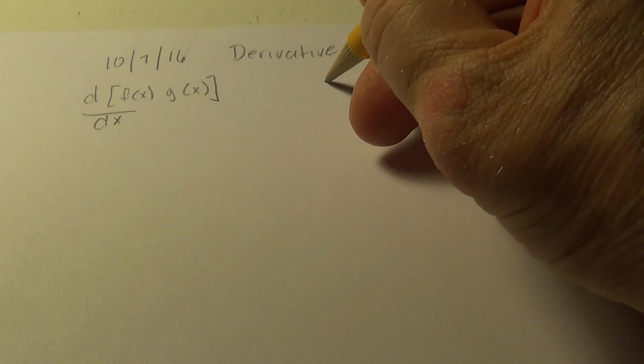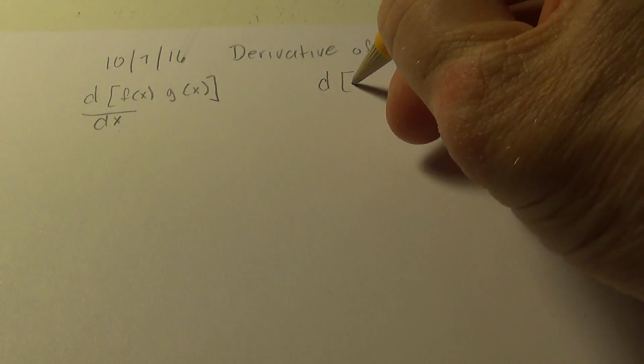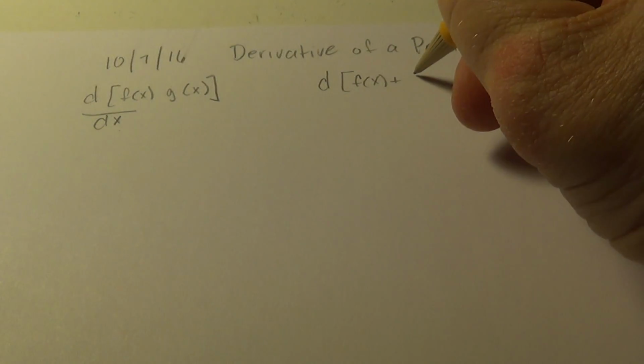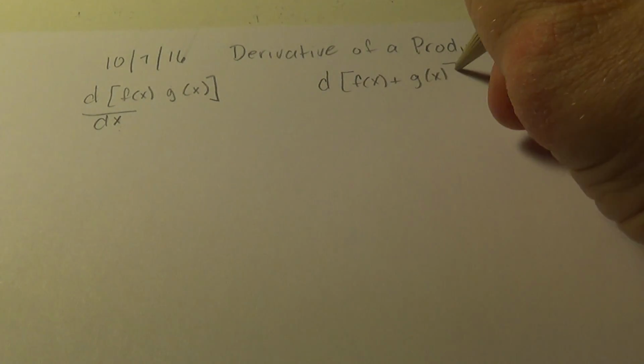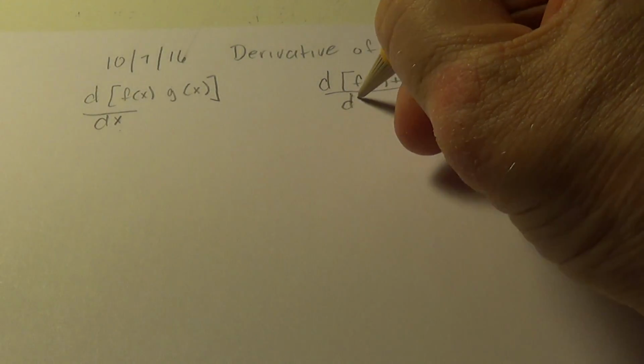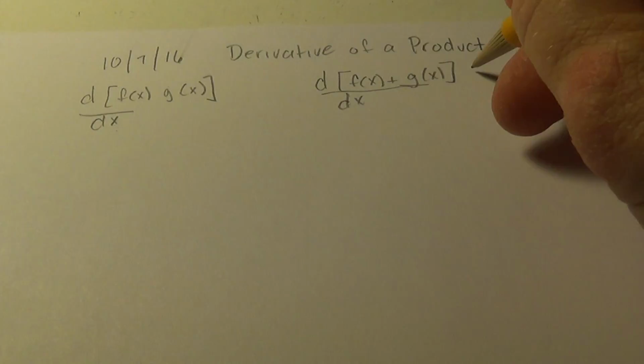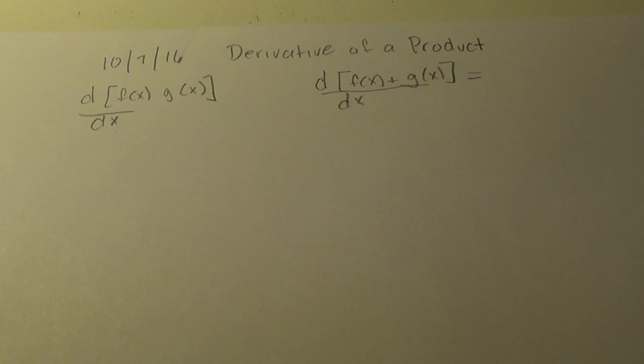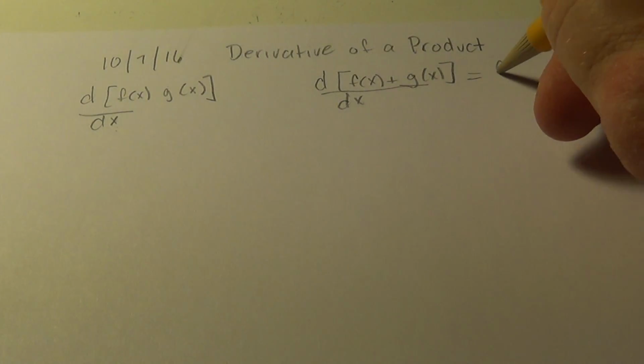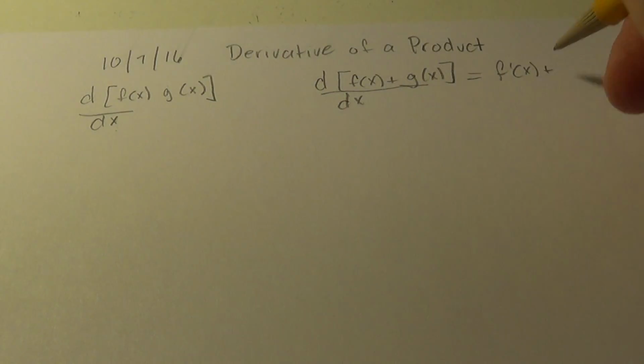Now we've dealt with the derivative of a sum, and we have found it to be the sum of the derivatives.